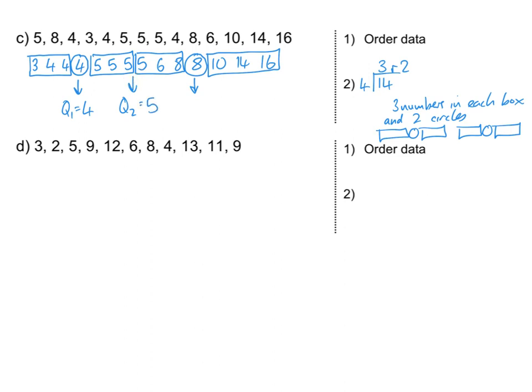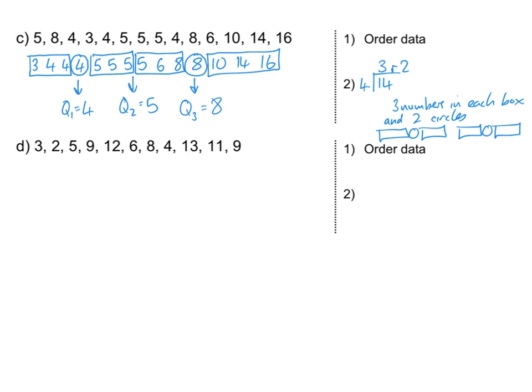And then the last part is the value which splits this box and this box, which is 8. So quartile 3 is 8. So here we have our 3 quartiles. Our lower quartile Q1 is 4, our median Q2 is 5, and our upper quartile is 8.